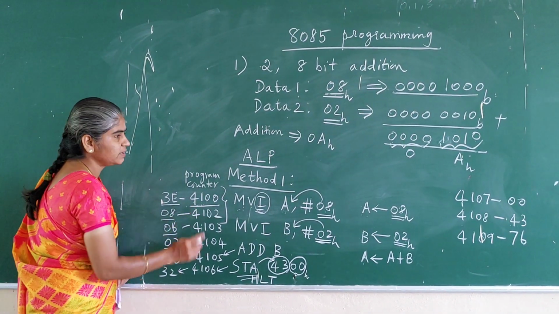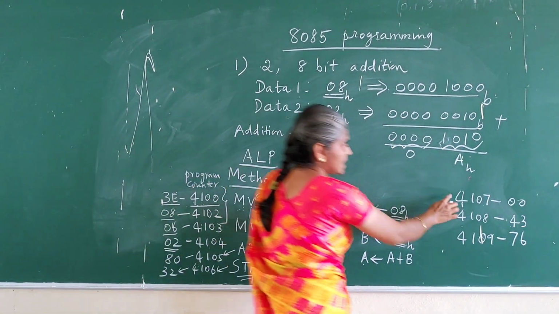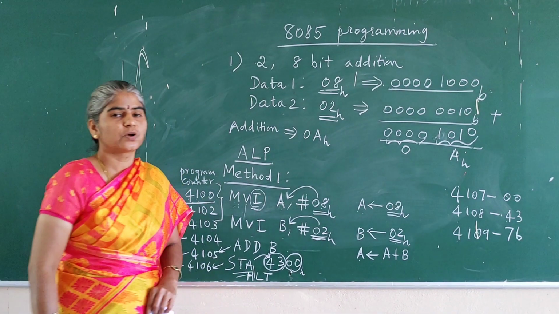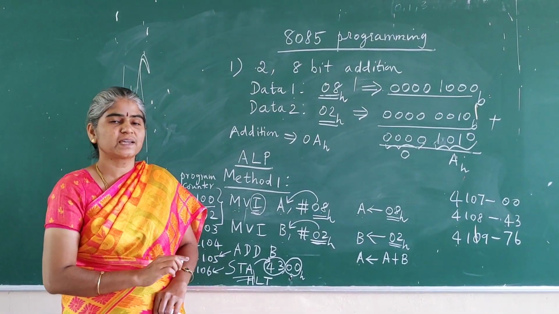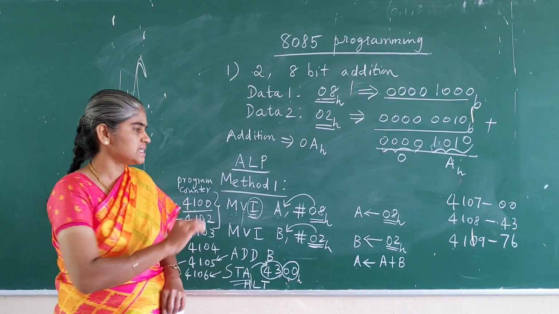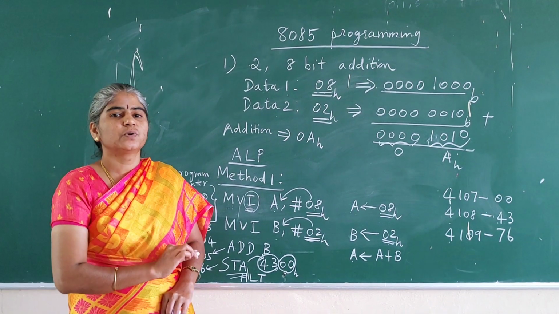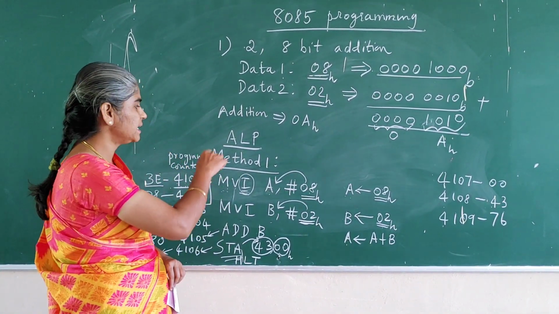For that we have to take 1, 2, 3, 4, 5, 6, 7, 8, 9. So this many bytes should be allotted properly. For 5 lines of programming, 9 bytes of allocation are essential. In case any one or two opcodes or operands are missing, this program will not be executed and decoded automatically. So this is the entire execution.